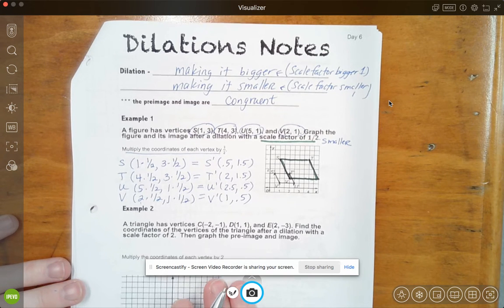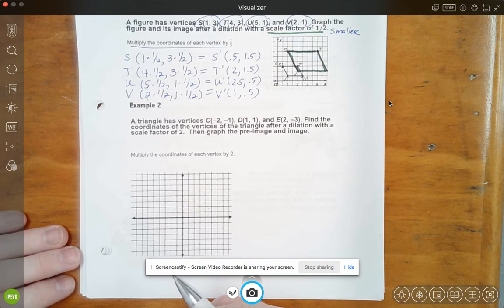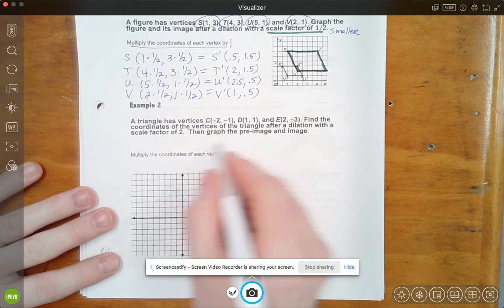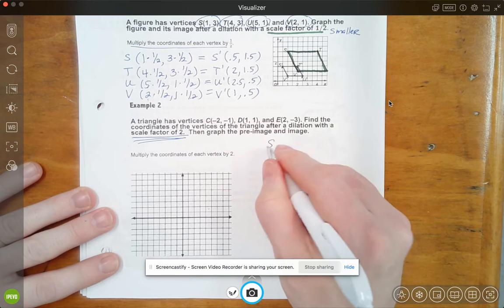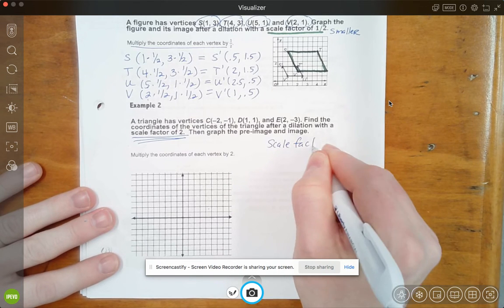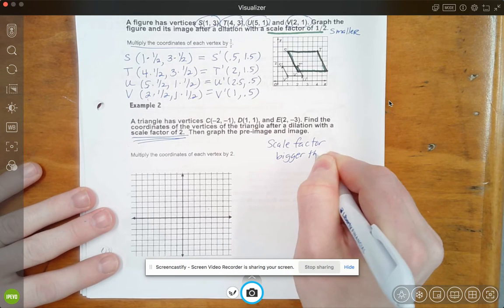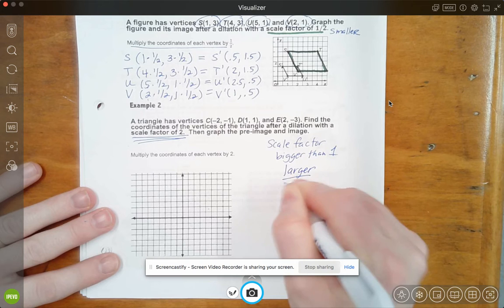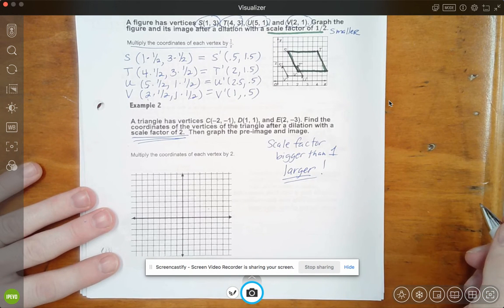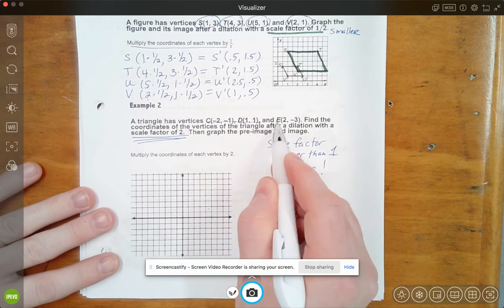If I look at example 2, so basically all I did there was just take the scale factor and multiply them. So in this case, I have a scale factor of 2. So my scale factor is bigger than 1. So I'm getting larger. Okay. So I'm going to graph these first, and then I'm going to figure out the new ones.